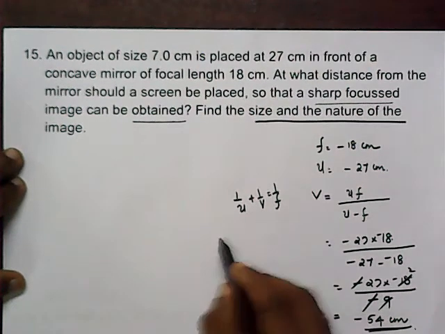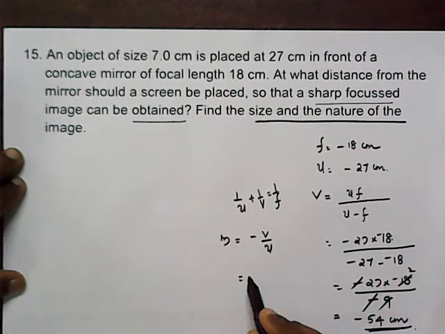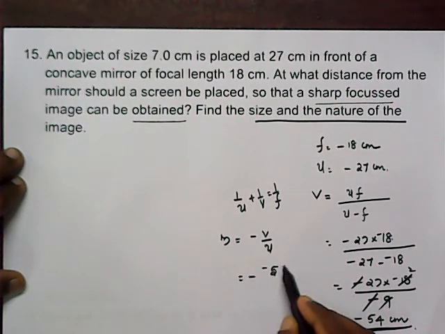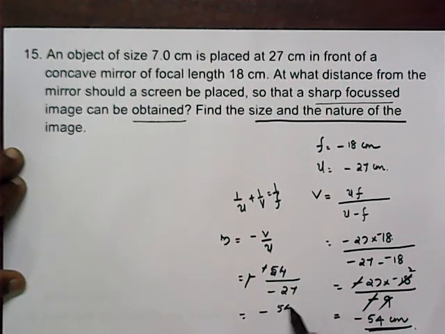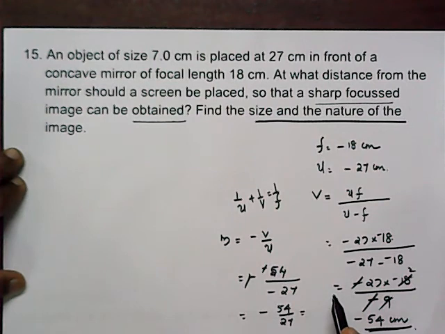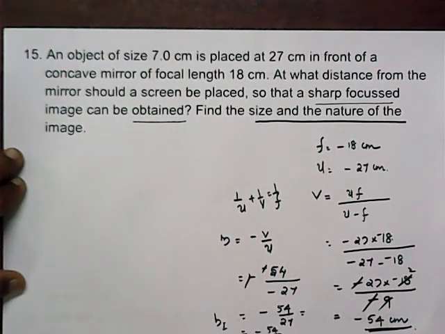If we know v, we can easily find m is equal to minus v by u. So minus 54 divided by u as minus 27, so minus 54 by 27. If you know the value of m, the height of the image by the height of the object is equal to minus 54 by 27 into the height of the object.